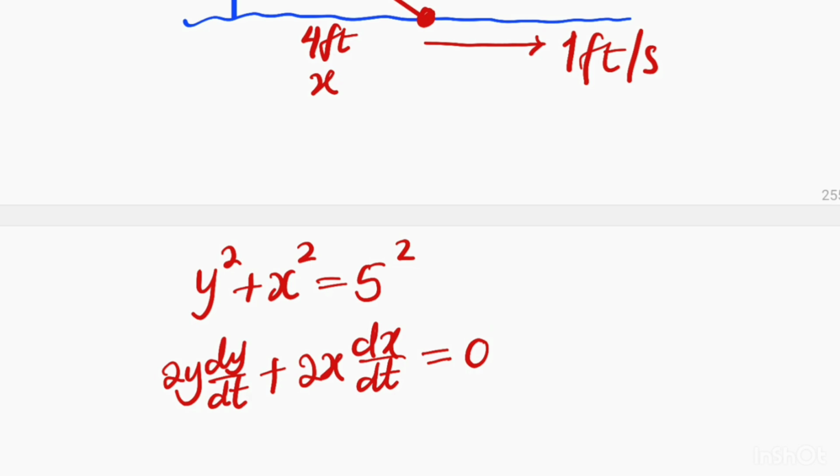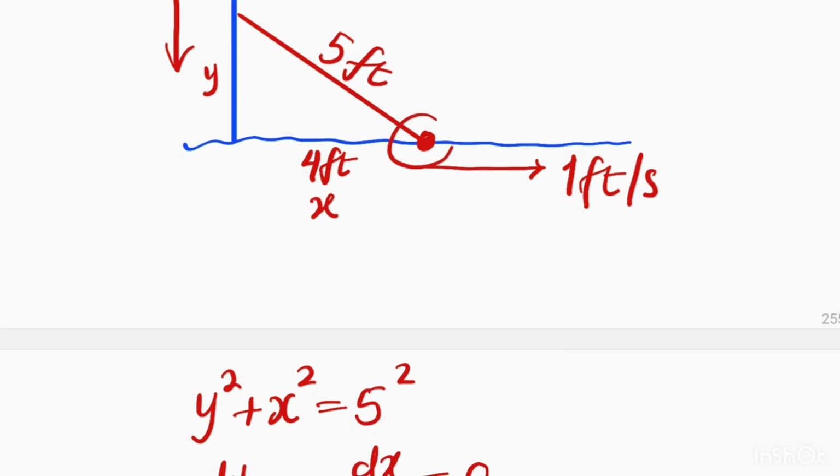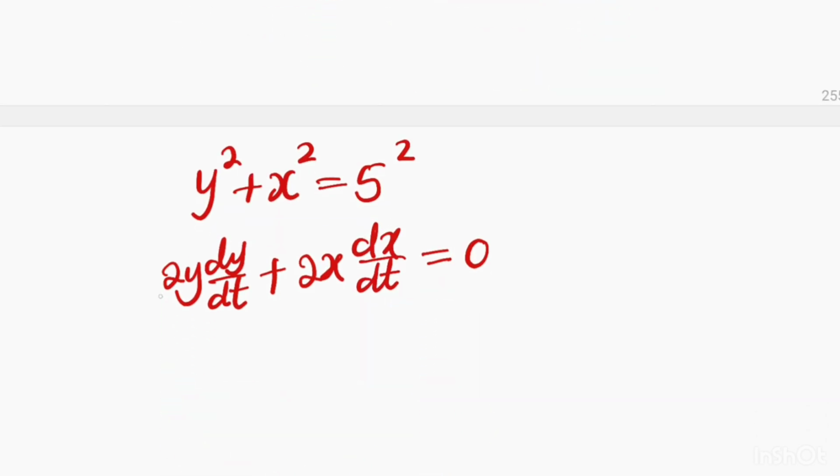Alright, now let us substitute what we know. Exactly when the bottom is 4 feet away from the wall, we are going to substitute x equal to 4. Or should we divide every single term by 2? Because you can see 2 is a common factor here.